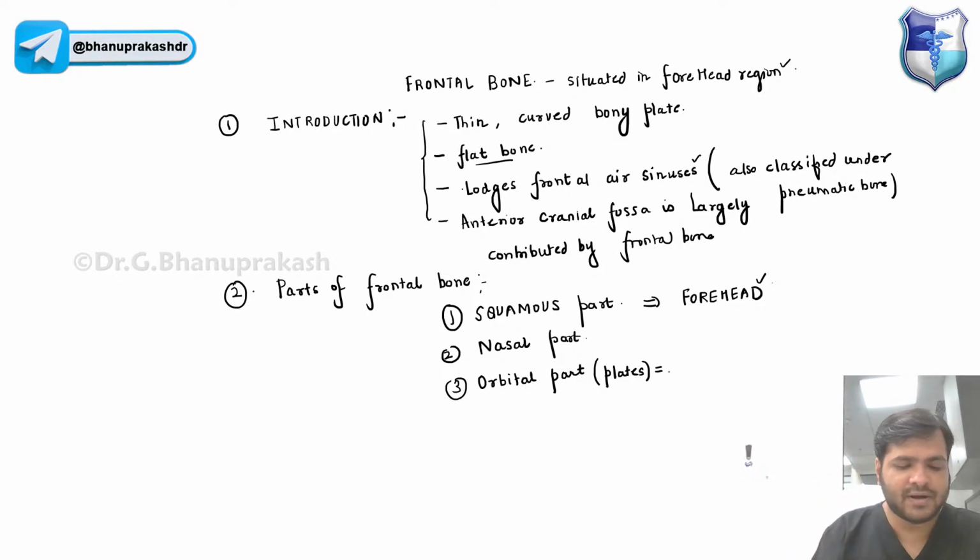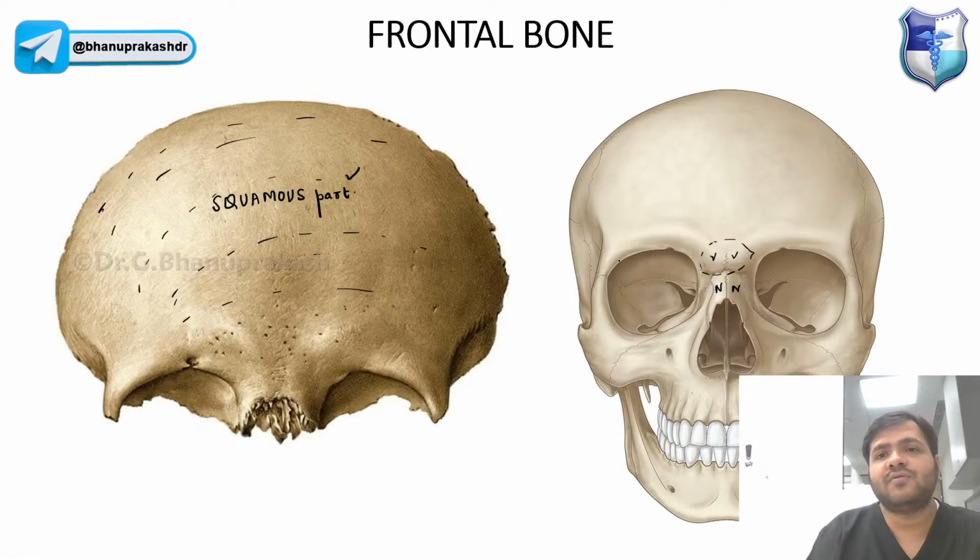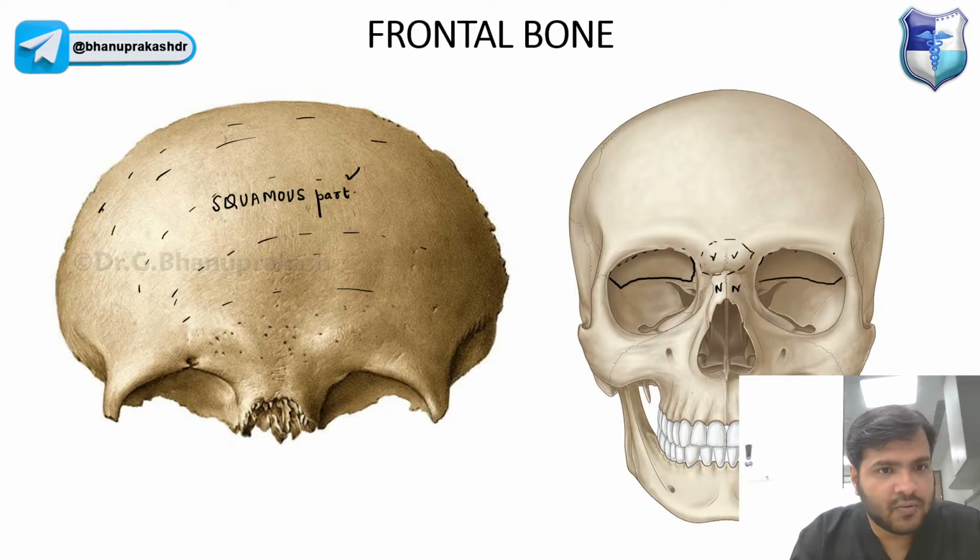We have two orbital plates, which you can focus on over here also. This is the orbital plate, right? Milan, Shakil, Ram, Promise, very good. So we have the two orbital parts. Can you see, guys, these projections?